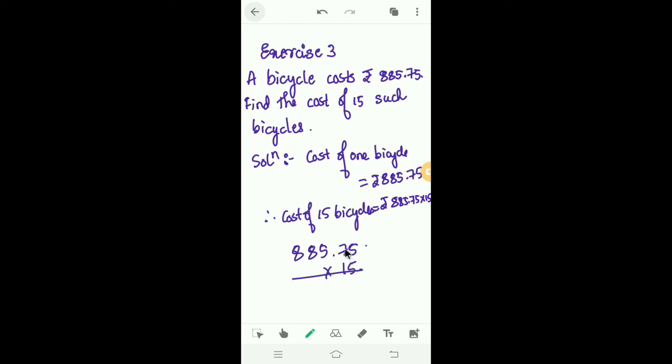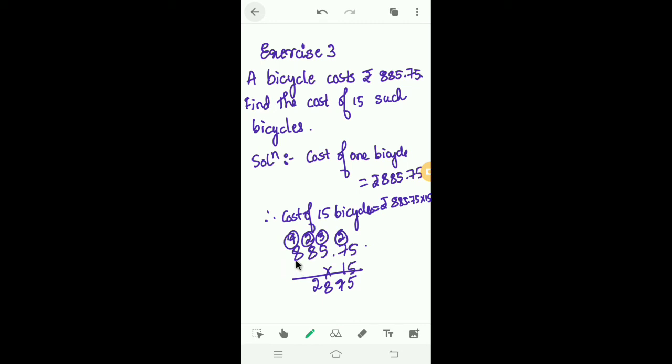5 5s are 25, so I will write 5 here and 2 carry. 5 7s are 35, 35 plus 2 is 37, so I will write 7 here and 3 carry. 5 5s are 25, 25 plus 3 is 28, so I will write 8 here and 2 carry. 5 8s are 40, 40 plus 2 is 42, so I will write 2 here and 4 carry.